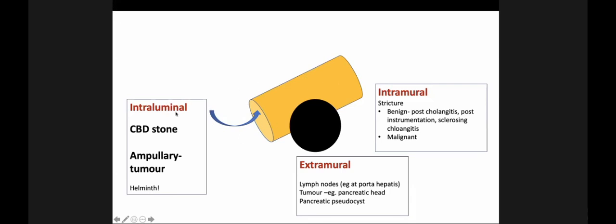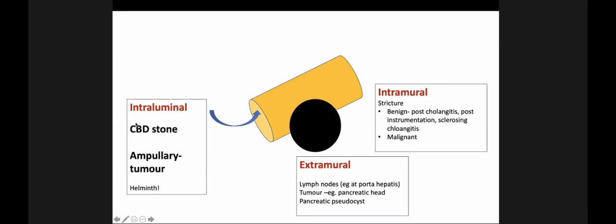Intraluminal, the common thing is a stone. You can also have a tumor, and I said ampullary here because it will only really be considered intraluminal if it's covering the lumen at the exit site. Otherwise, you can consider it to be intramural.